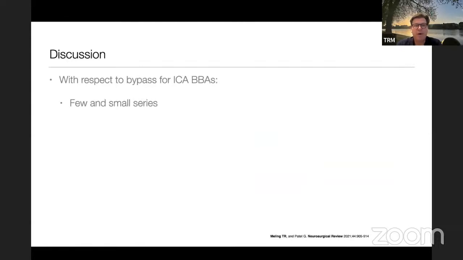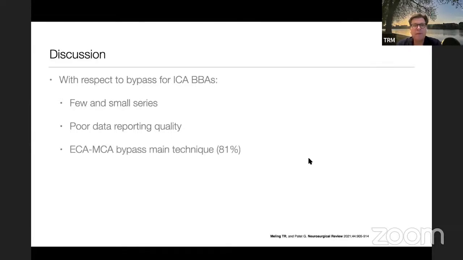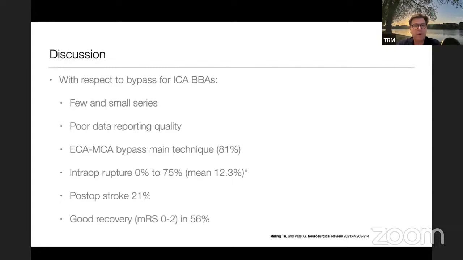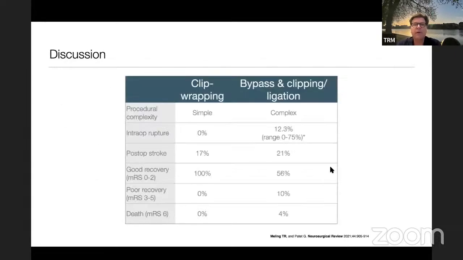So with respect to bypass, there are few and small series. The data reporting quality is quite low. The main technique is higher flow bypass. Intraoperative rupture was reported between 0 and 75% with a mean of 12. So 1 in 8 post-op stroke, 1 in 5, and good recovery in 6 out of 10 patients.